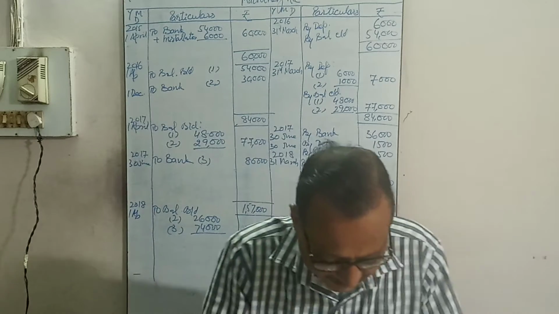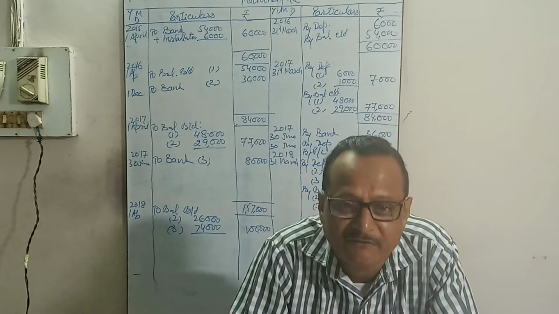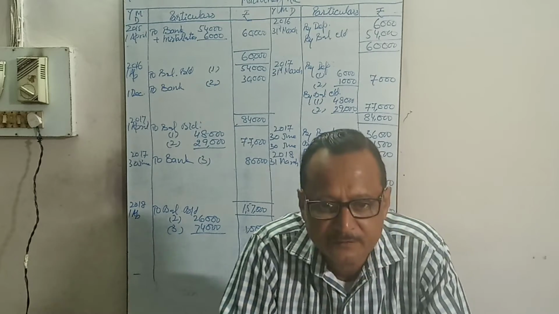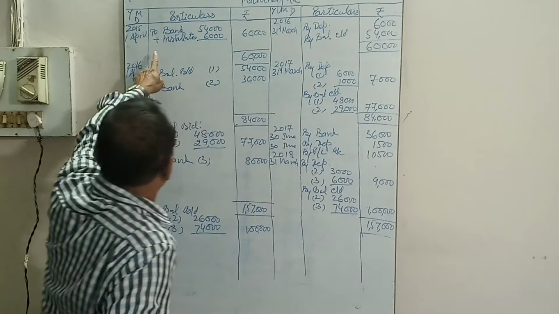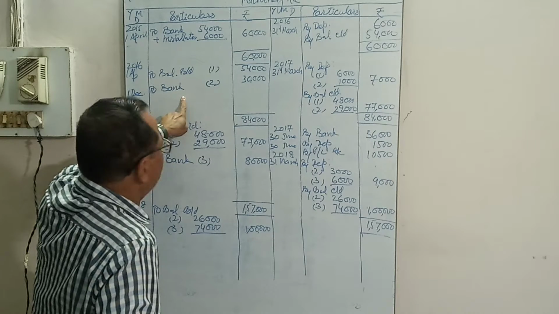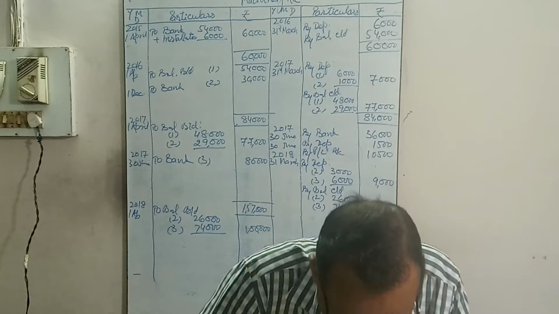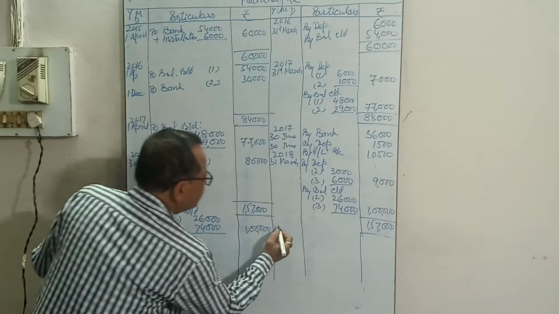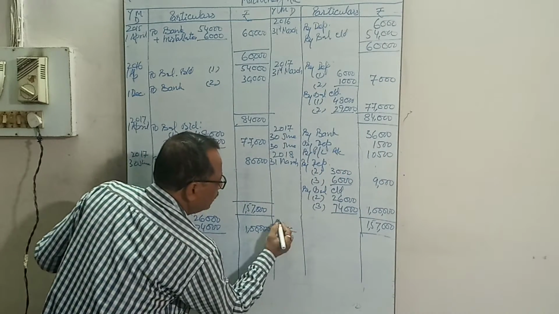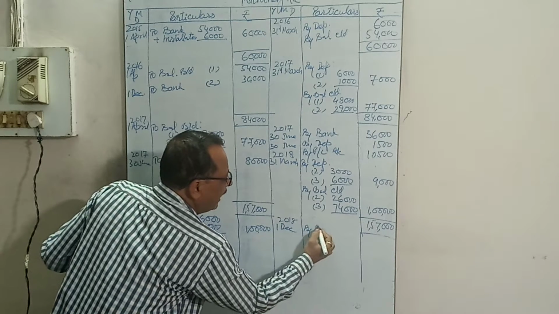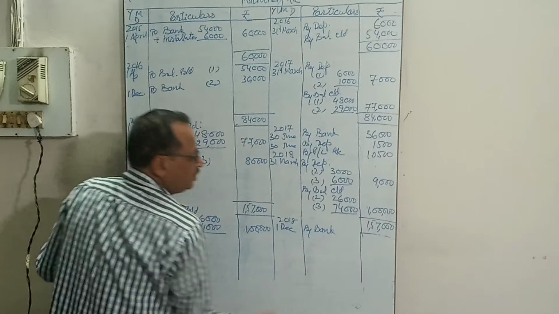Now it is said in the question, on December 1st 2018, second machine which was purchased on 1st December 2016 sold for rupees 26,000. 1st December 2018, by bank, which machine sold?